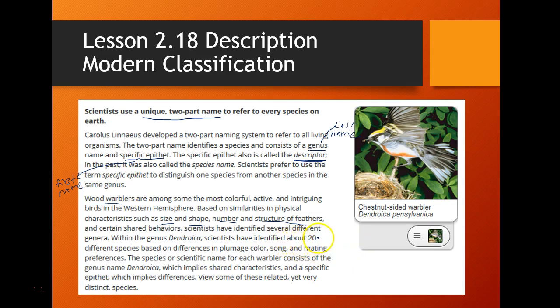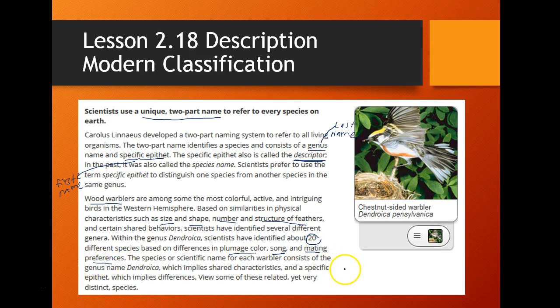However, scientists have identified 20 different species within the wood warblers. Although these organisms share characteristics, there are differences. For example, they are different colors, how they sing is very different, and their mating preferences are unique as well.